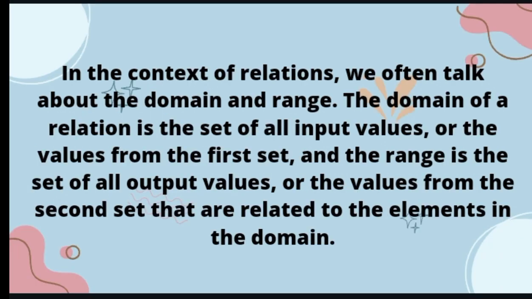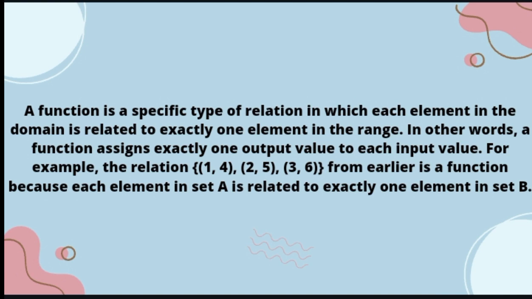set B. In the context of relations, we often talk about the domain and range. The domain of a relation is the set of all input values, or the values from the first set, and the range is the set of all output values, or the values from the second set that are related to the elements in the domain. A function is a specific type of relation in which each element in the domain is related to exactly one element in the range.